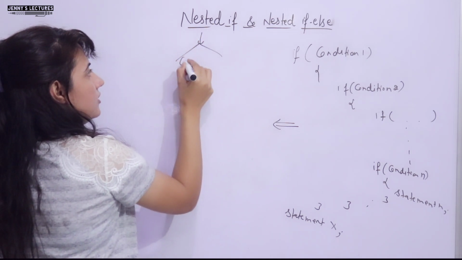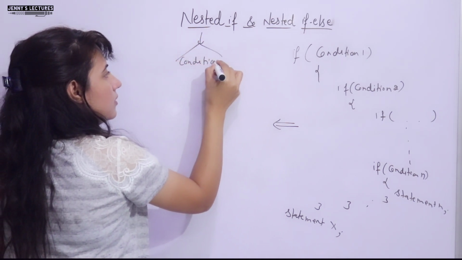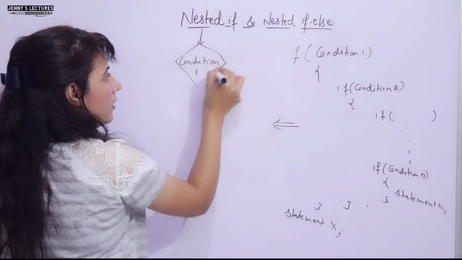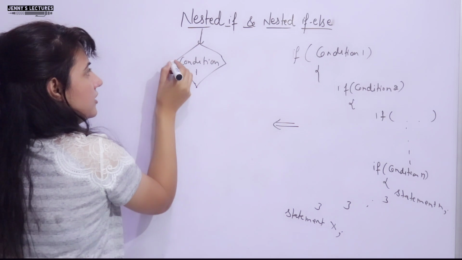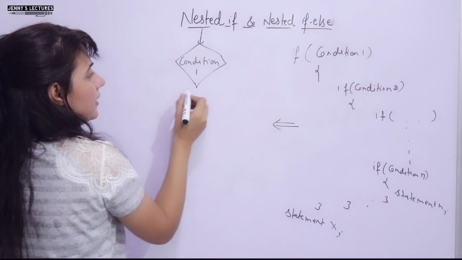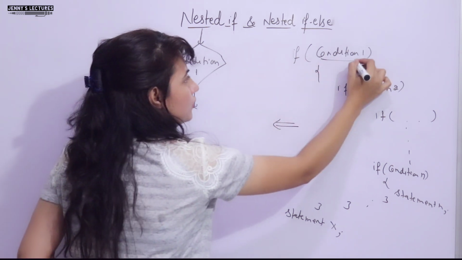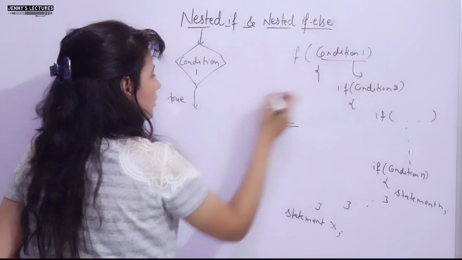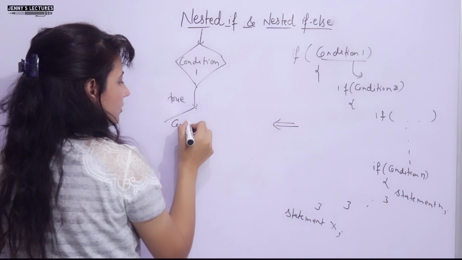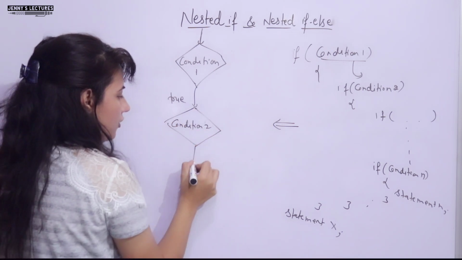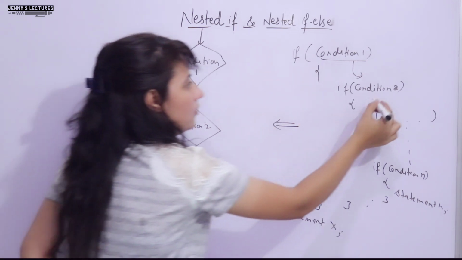See, suppose we are executing the program: the entry, then we get condition 1. Two cases can be there. If this condition is true, then only we will enter. Then we get the second condition. If this is true, then only we will enter here.